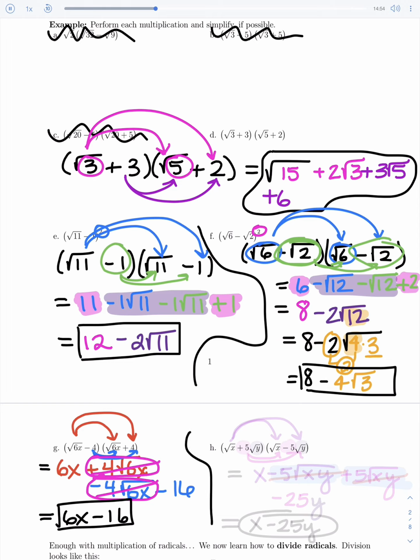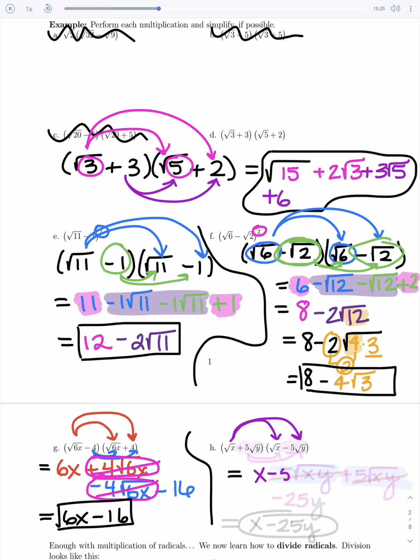Let's take a look at H. Again, we're going to be foiling. First, let's multiply out our square root of x. Well, square root of x times square root of x, if they're identical, they'll just drop off the square roots and leave us with the x. Continuing right along, I have to look at the square root of x times negative 5 square roots of y. Now notice, only the x and y are inside square roots and the 5 is on the outside, it will stay that way.